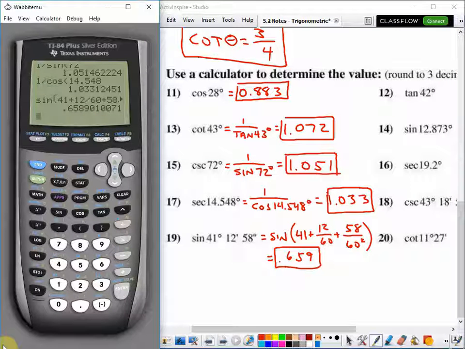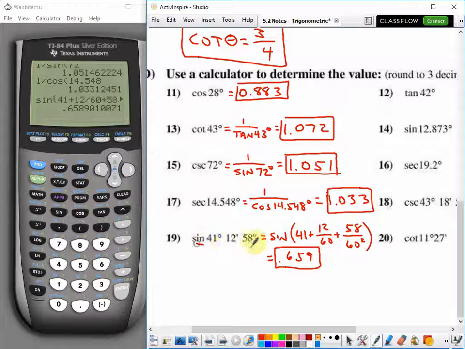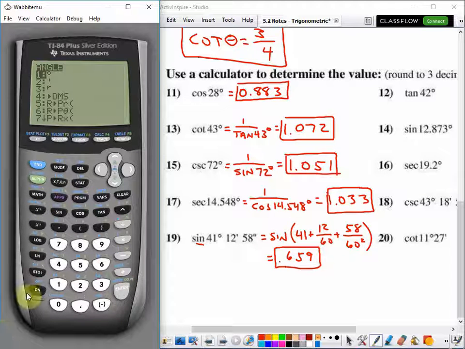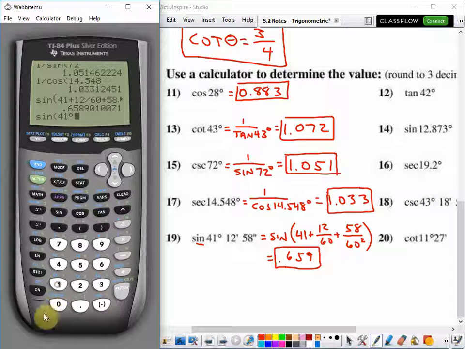Now the other way is just to type it in exactly as it's written right here in degrees, minutes, seconds. So here's how I would do that. Sine 41, to get degrees, this says angle right here. So second and then apps is second angle. Option 1 is a degree. 12 minutes, second angle. Oops.